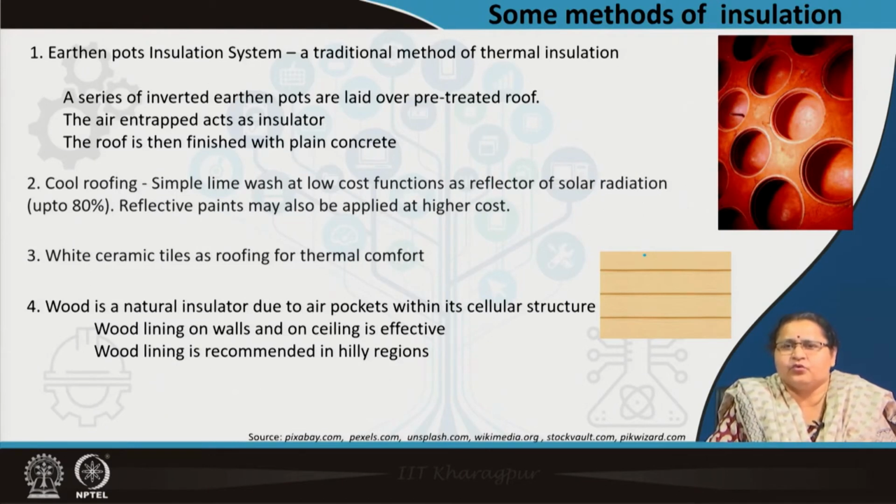So, wood can act as a very good insulator. So, wood lining on walls, inside walls, on the ceiling, particularly in hilly regions where it is abundant, you can get thermal comfort inside.